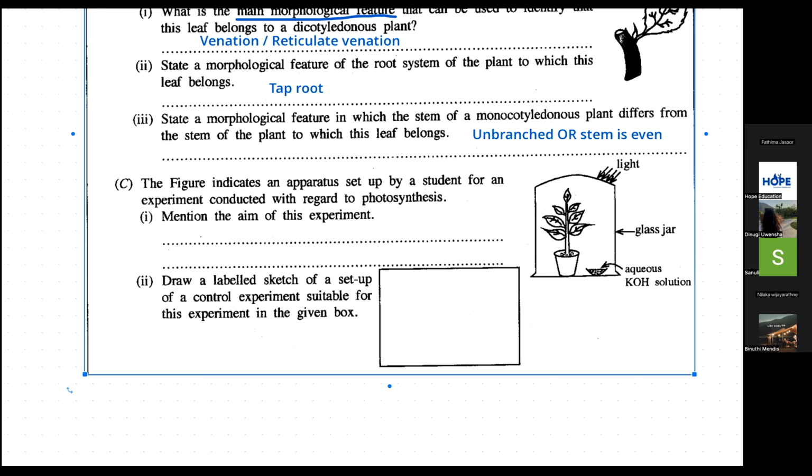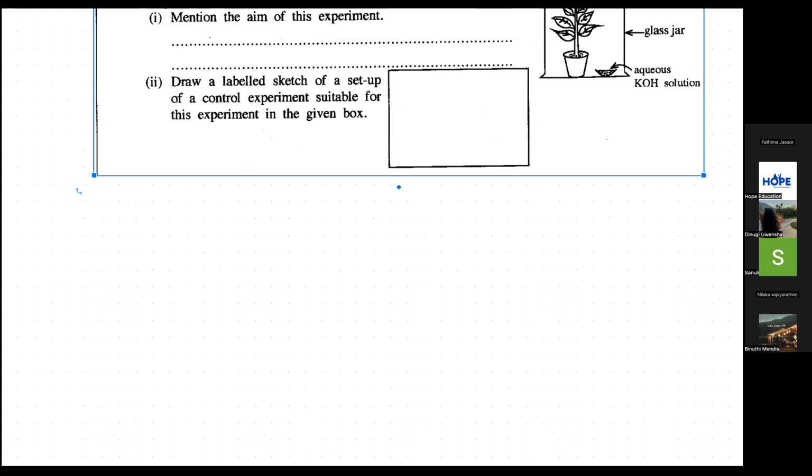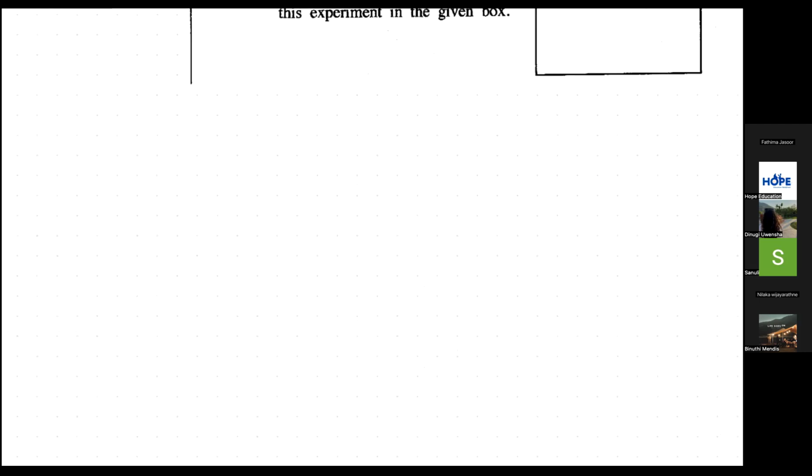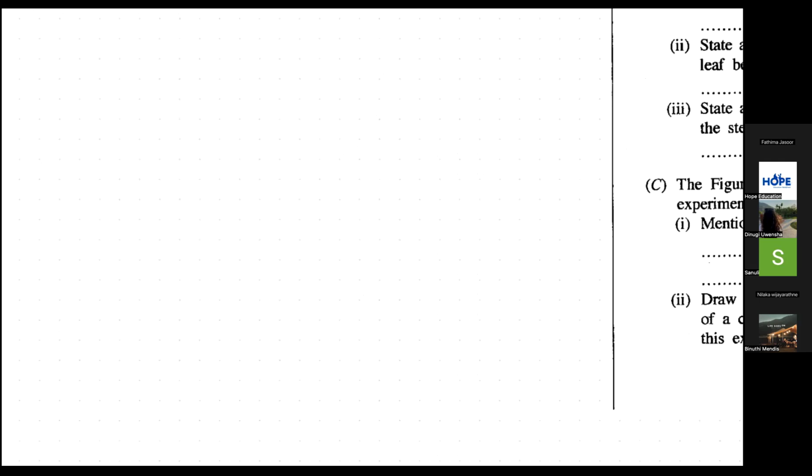Okay. Try writing the photosynthesis reaction. Write the reaction for photosynthesis. Balance the chemical reaction.